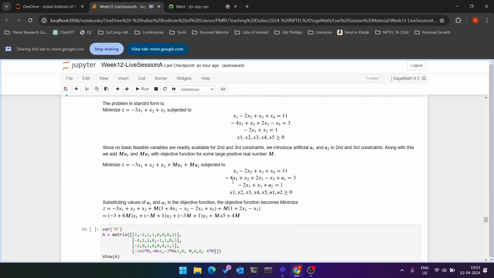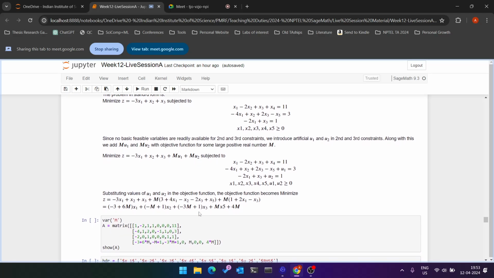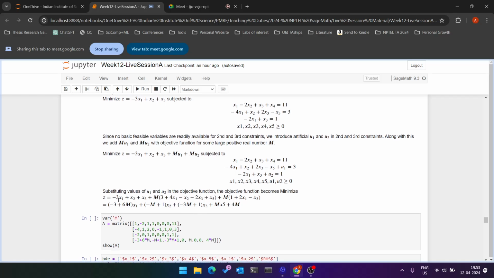And then the way we figure this out is, using the constraint equations we determine u1 and u2 with respect to the other variables and then plug them back into the objective function. So this creates an objective function which has this capital M as a variable.